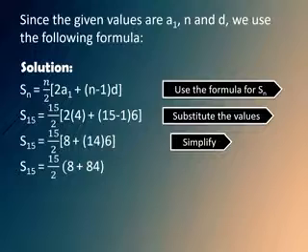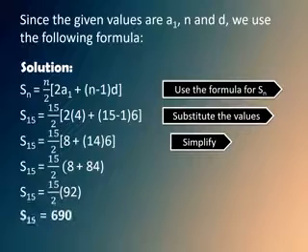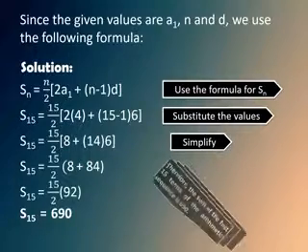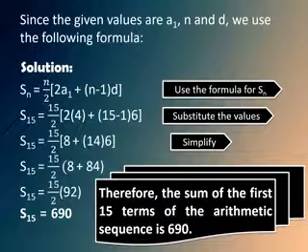So the sum of 84 plus 8 is 92, it becomes S sub 15 is equal to 15 over 2 times 92. So the final answer is S sub 15 is equal to 690. Therefore, the sum of the first 15 terms of the arithmetic sequence is 690.